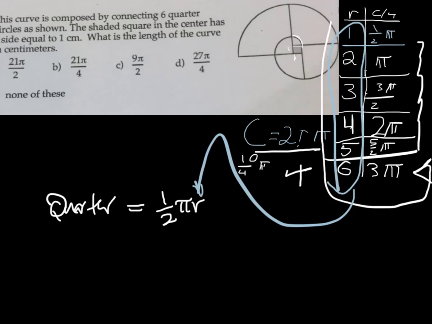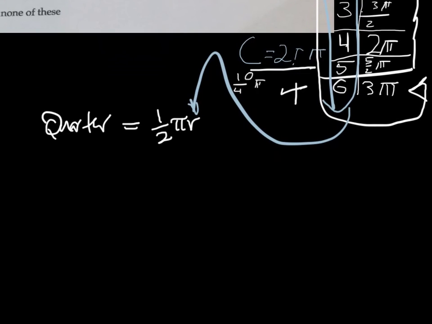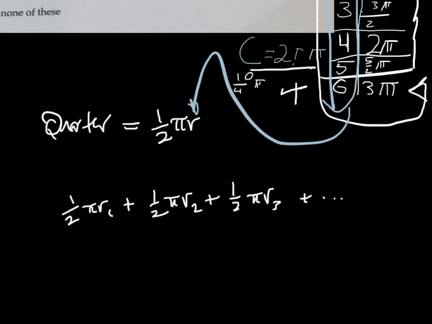And I'll show you the algebra behind that. If I have 1/2 pi r1 plus 1/2 pi r2 plus 1/2 pi r3, and then all the way down to 1/2 pi r6.